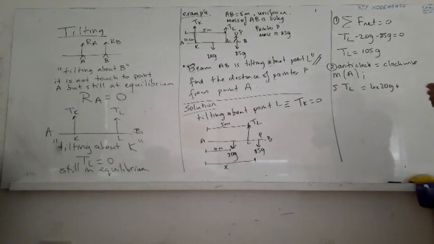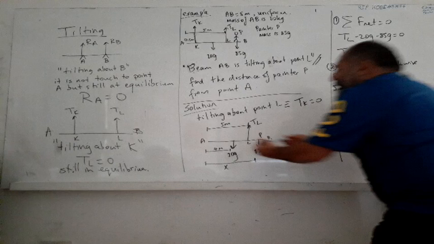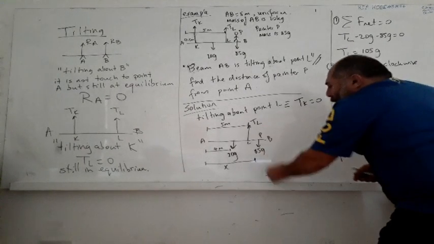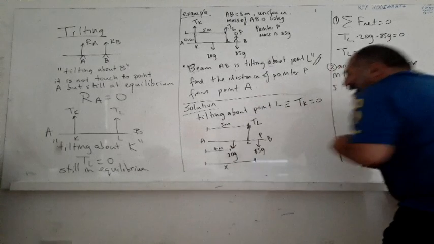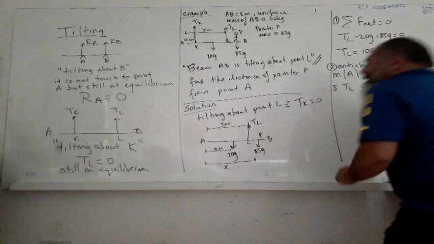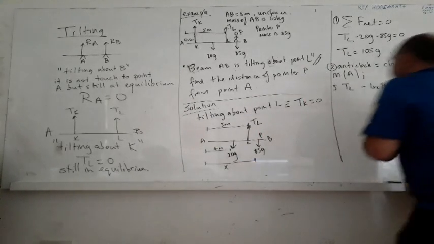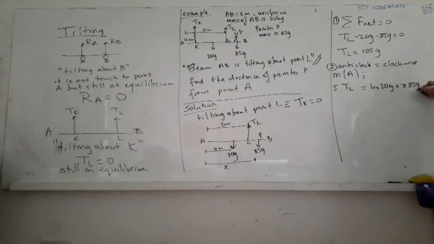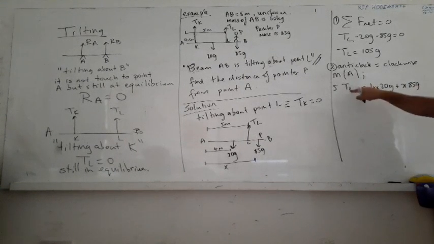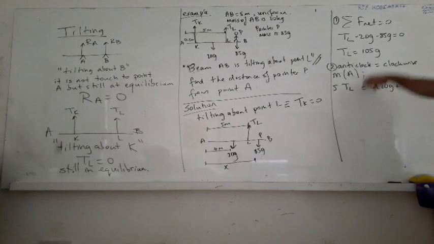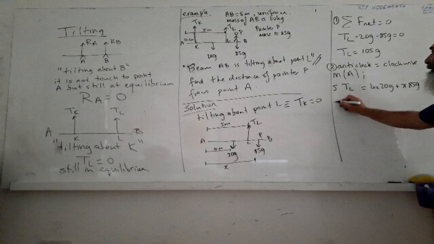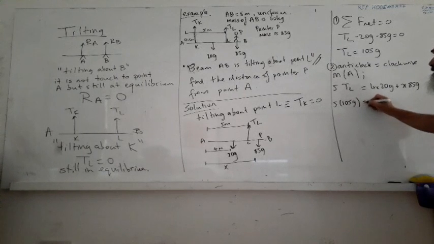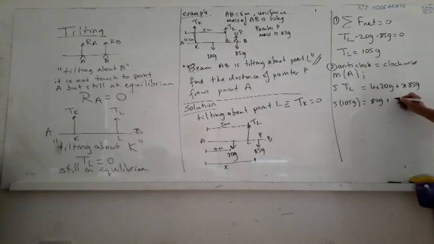And we have another force, the weight of the painter, which tries to turn the beam in clockwise direction, and its distance from A is unknown. We called it X. The distance times the force, which is 85 G. Now we have only one unknown here, it is X. So let's substitute the value of TL here, which is 105 G. 5 times 105 G is equal to 80 G plus X times 85 G. Cancel all G's.